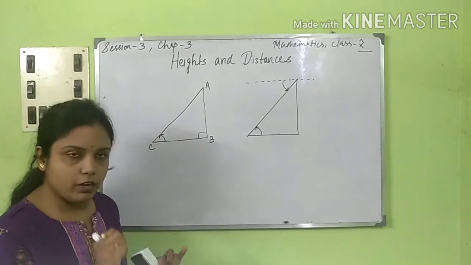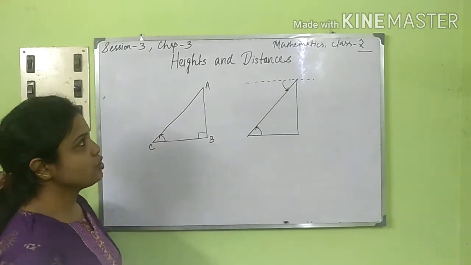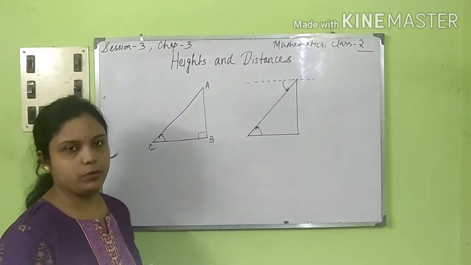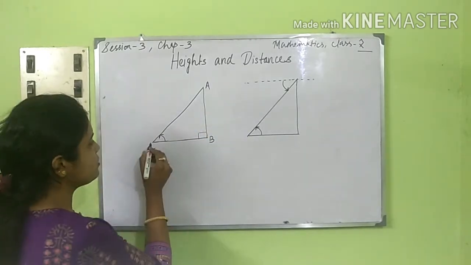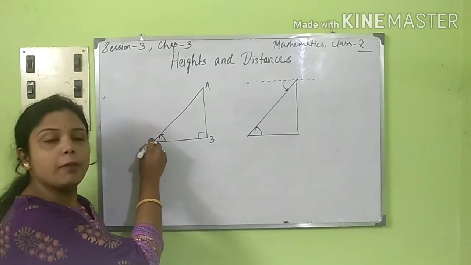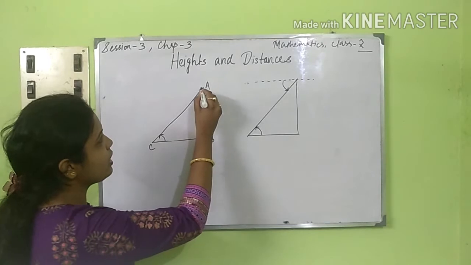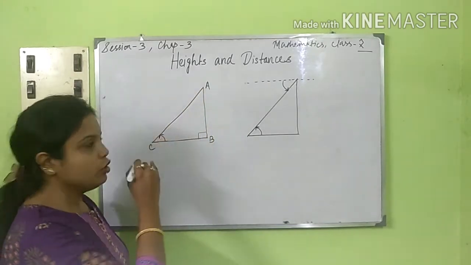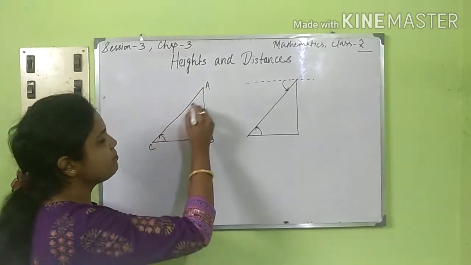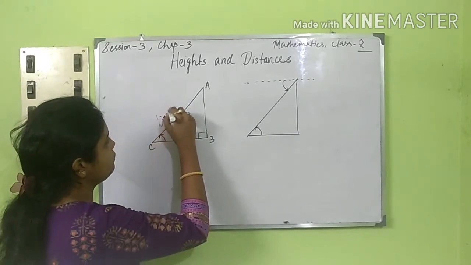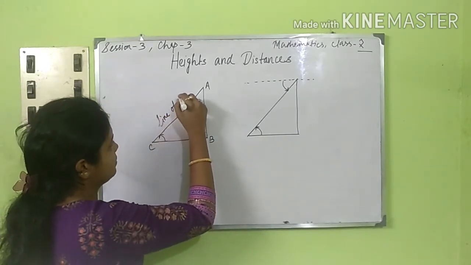Now, for this particular chapter, heights and distances, I am considering AB as a tower. Supposing here at point C, a person is standing. If a person is standing and viewing an object at A, then this particular line becomes a line of sight. That is, CA becomes the line of sight.